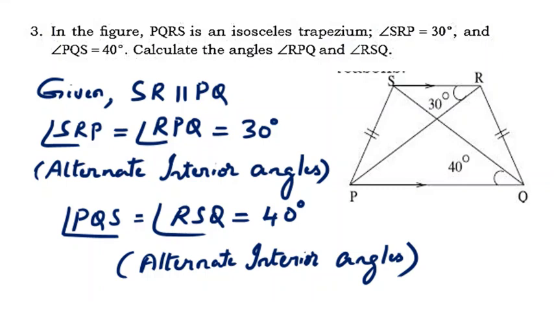That refers to alternate interior angles. SRP is the same as RPQ. Whenever we have such a Z shape, and the top of the Z and the base of the Z are parallel, their alternate interior angles are equal. So SRP and RPQ, 30 degree only they are.